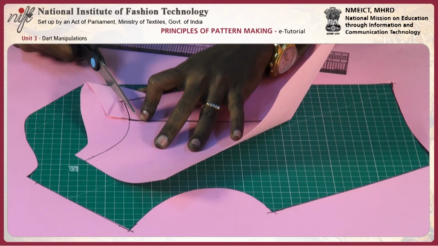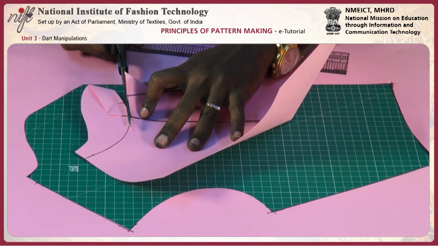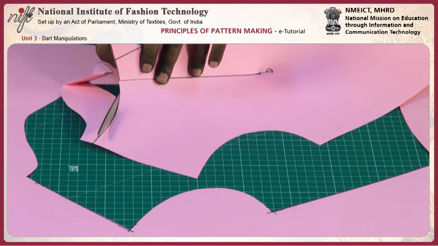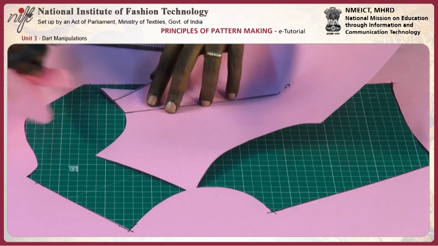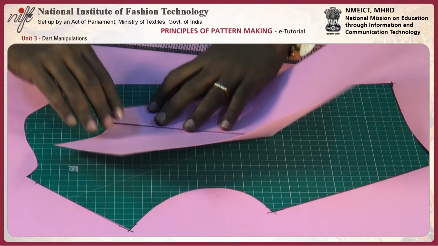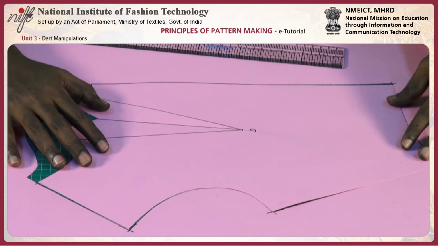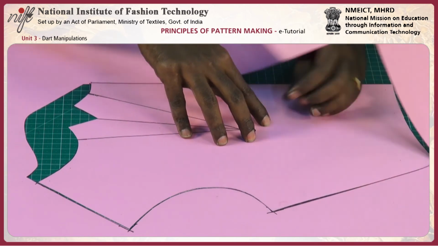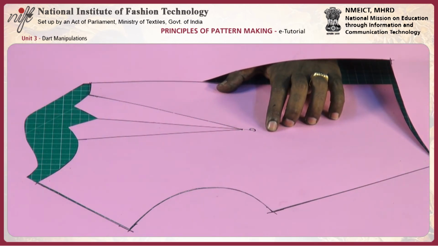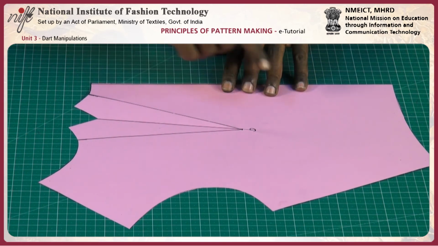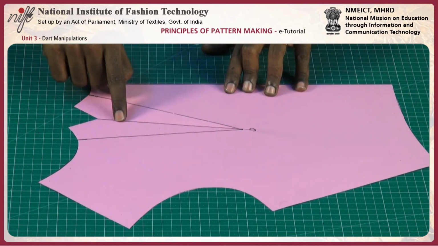Then cut the neckline. So now you have learned how to convert the waistline dot to the neckline dot.